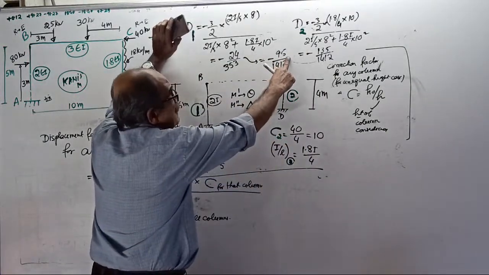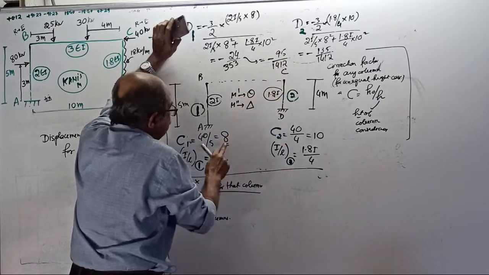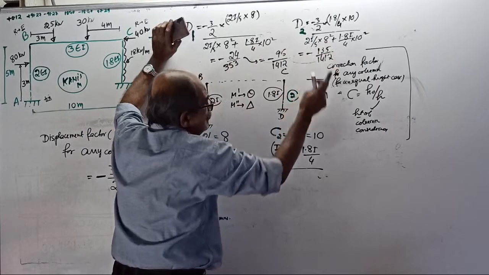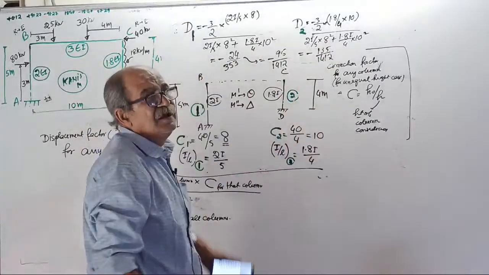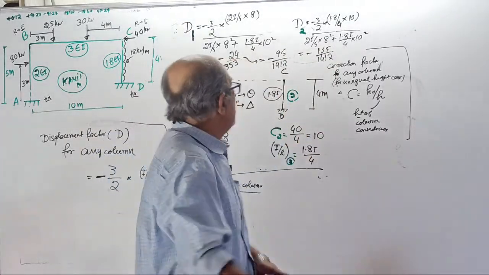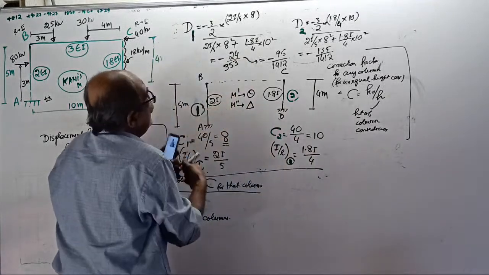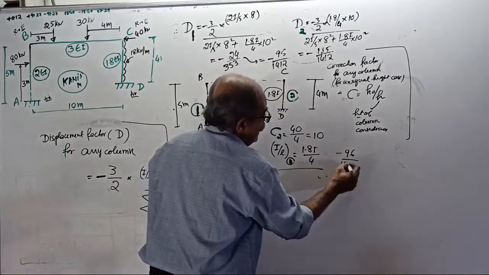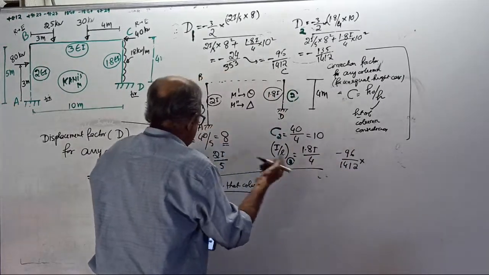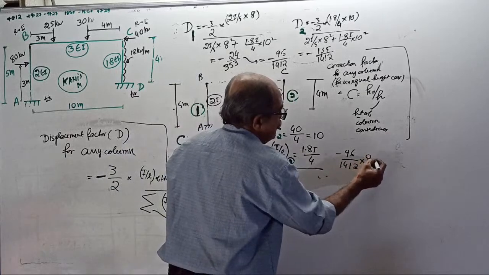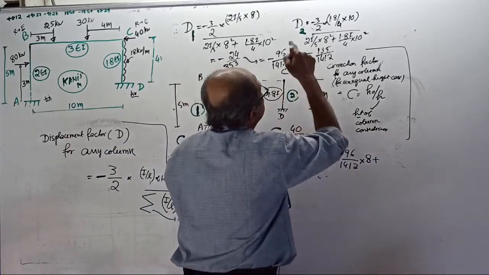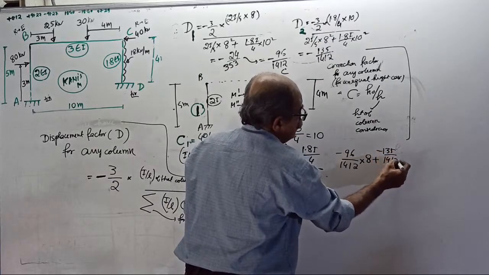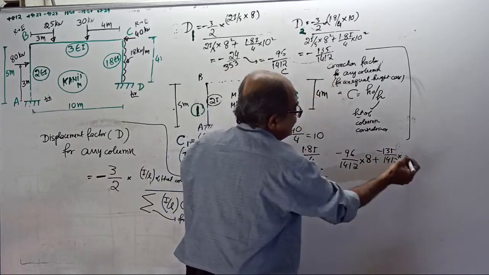The check is: displacement factor for this column into its correction factor 8, plus displacement factor for the second column into its correction factor 10. Tell the answer. Displacement factor for column 1 is minus 96 by 1412, multiplied by its correction factor 8, plus displacement factor for the second column, minus 135 by 1412, into its correction factor 10.